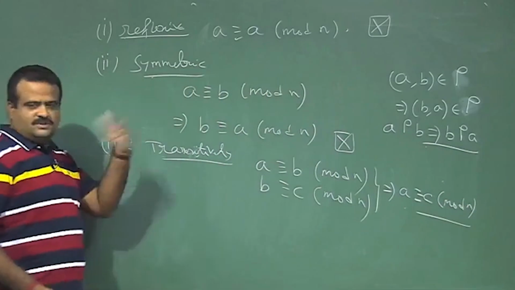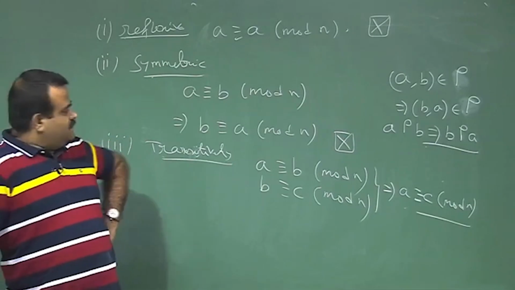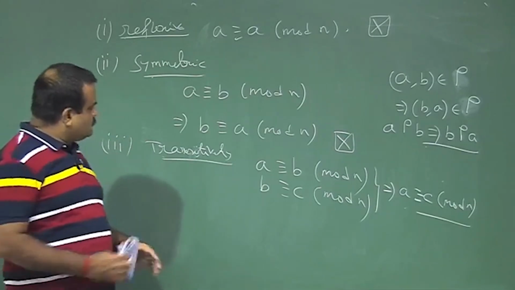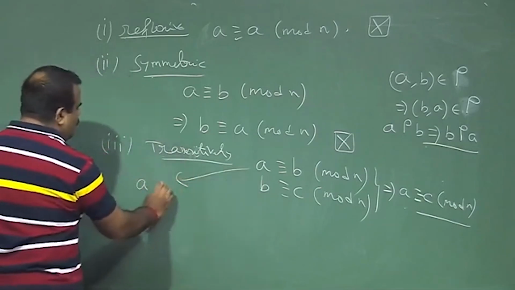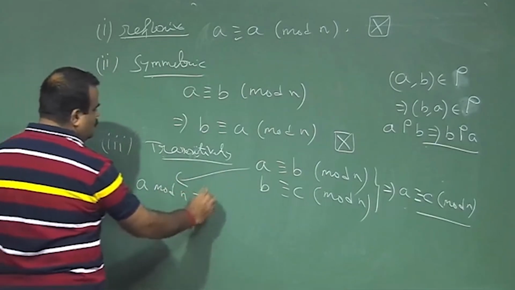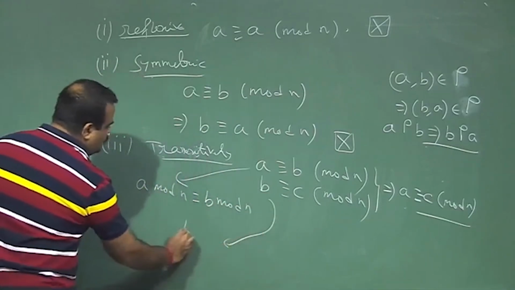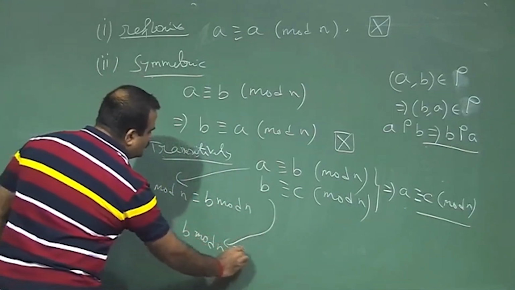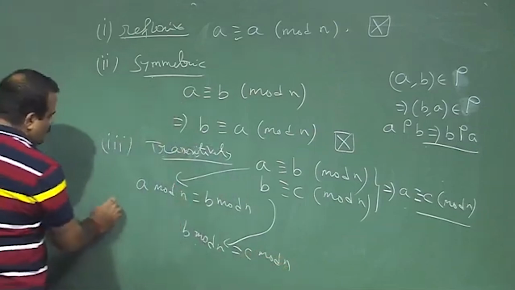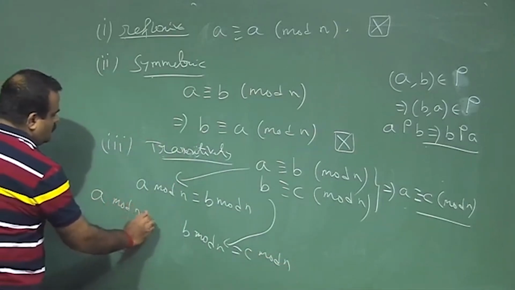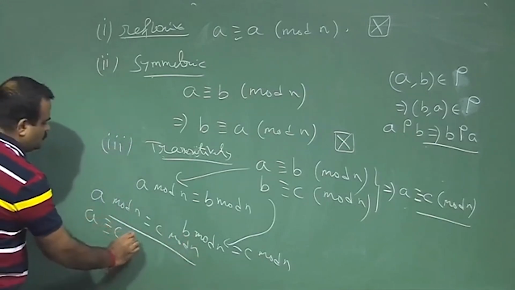If this is true for all a, b, c, then we call this relation a transitive relation. So is this true? Yes, this is true, because from the first we can say a mod n is equal to b mod n, and from the second we can say b mod n is equal to c mod n. So from these two we can say a mod n is equal to c mod n. So that means a is congruent to c mod n.